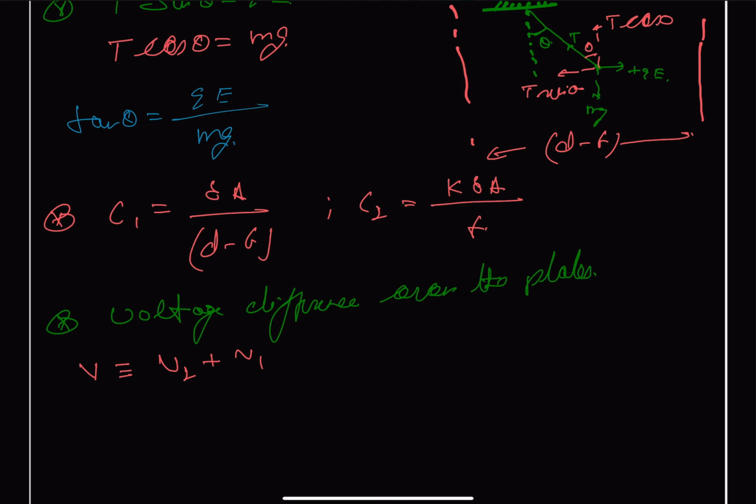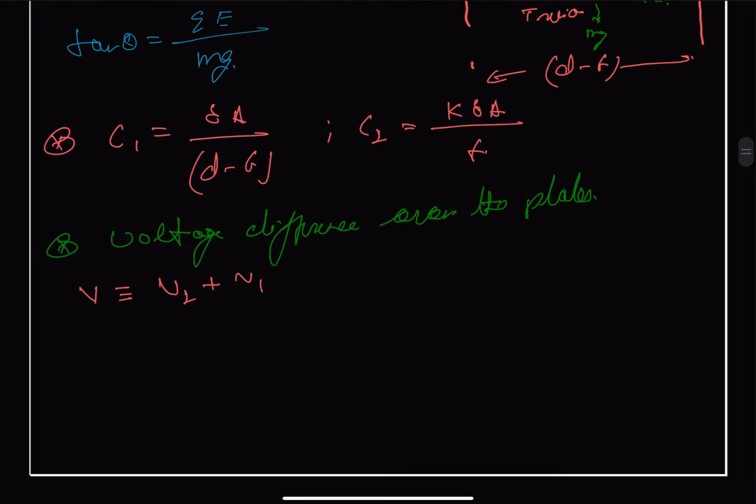Now we have to find our respective voltages. From the figure we can clearly see that C1 and C2 are in series, so they are going to have the same charge.